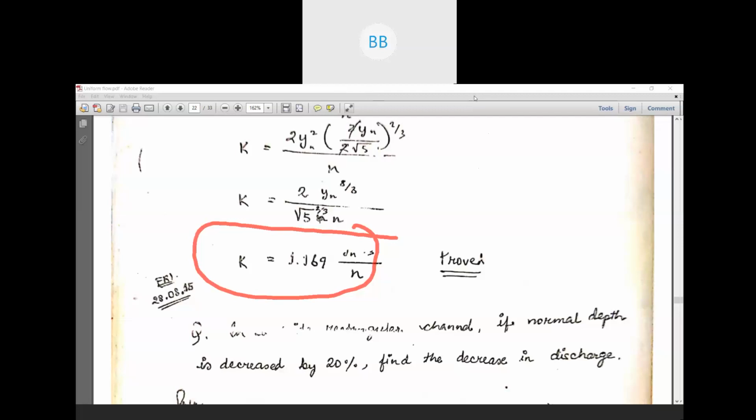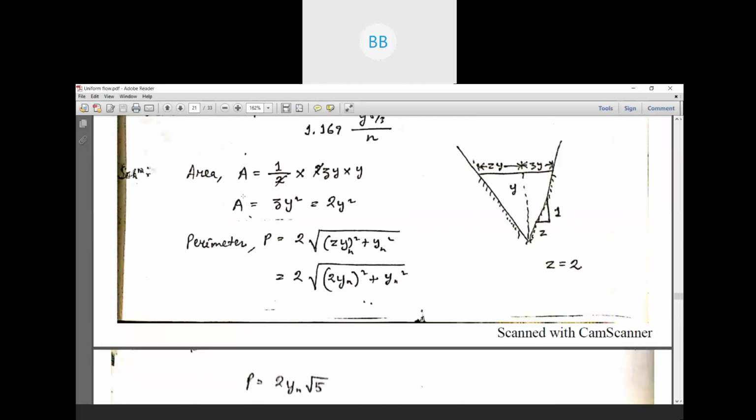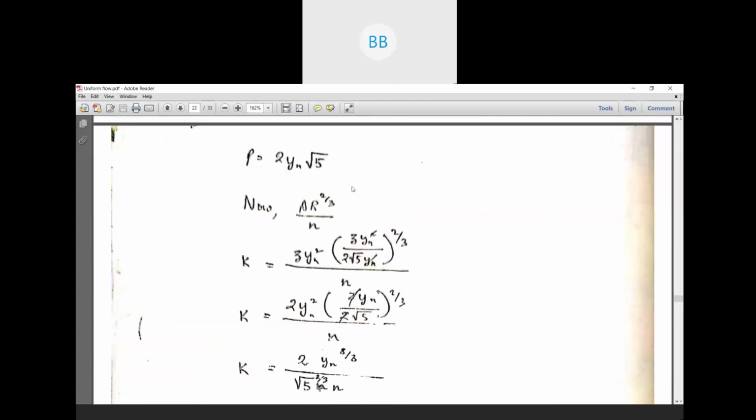It's very easy. First, you have to derive the area, then you have to go for the wetted perimeter, then you directly use the expression for K. We have two expressions, one related to Manning's and one related to Chezy's.